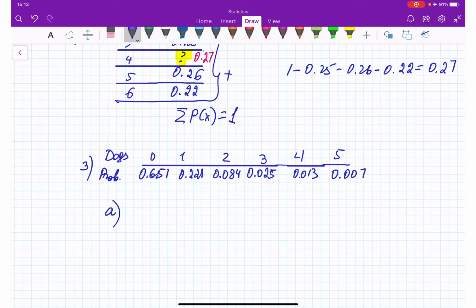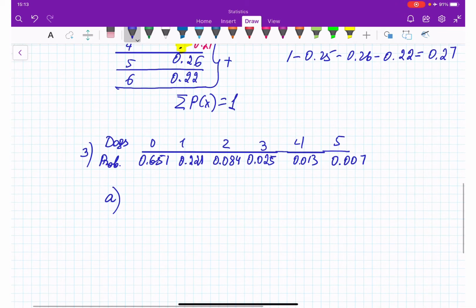We need to find the mean, variance, and standard deviation for the probability distribution. Okay, for the probability distribution formula, mu, mean, average.